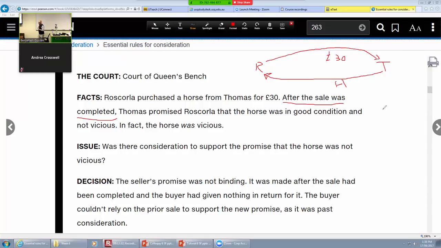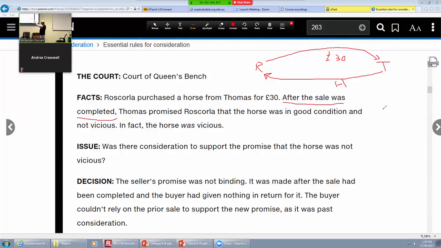Done? What is the promise flowing from R to T? It's the promise that I give you 30 pounds. And what is the promise from T to R? To give him the horse. Is this a unilateral or bilateral contract? It's a bilateral contract because you have two promises.